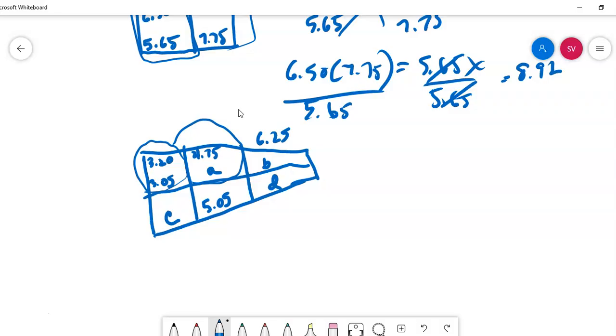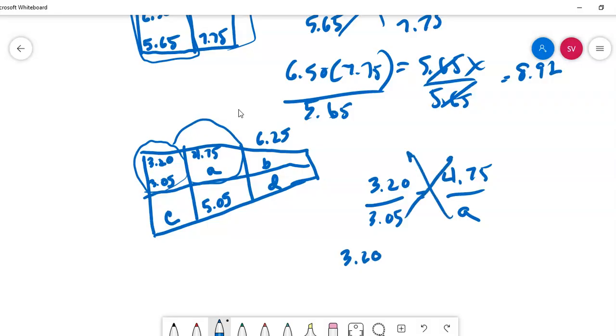Okay, so it doesn't matter where we start off. You can start off with the 3.05. You can say 3.05 is to A as 3.2 is to 4.75. We can start up top. Really doesn't matter. I'll start off with the 3.2. So 3.2 is to 4.75 as, now you go back, 3.05 is to A. Now you could cross multiply. So A times 3.2 is 3.2A.